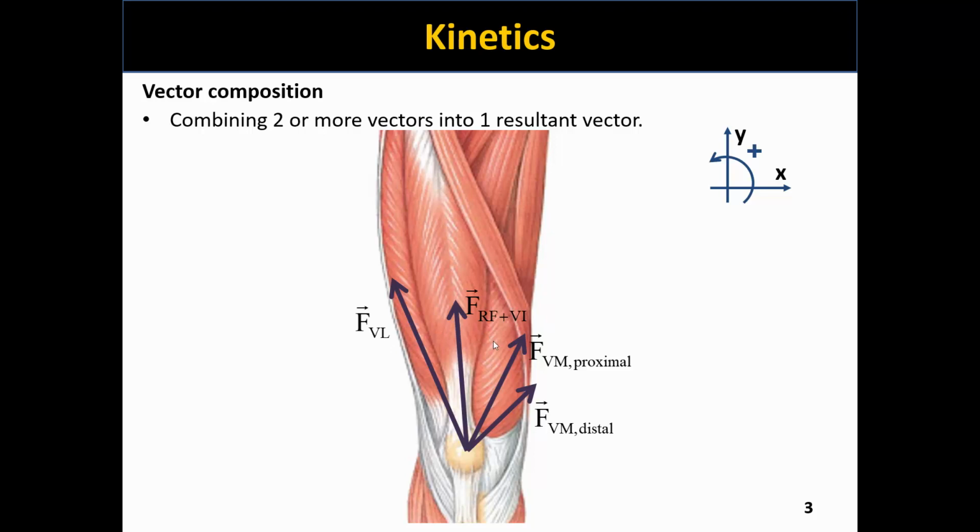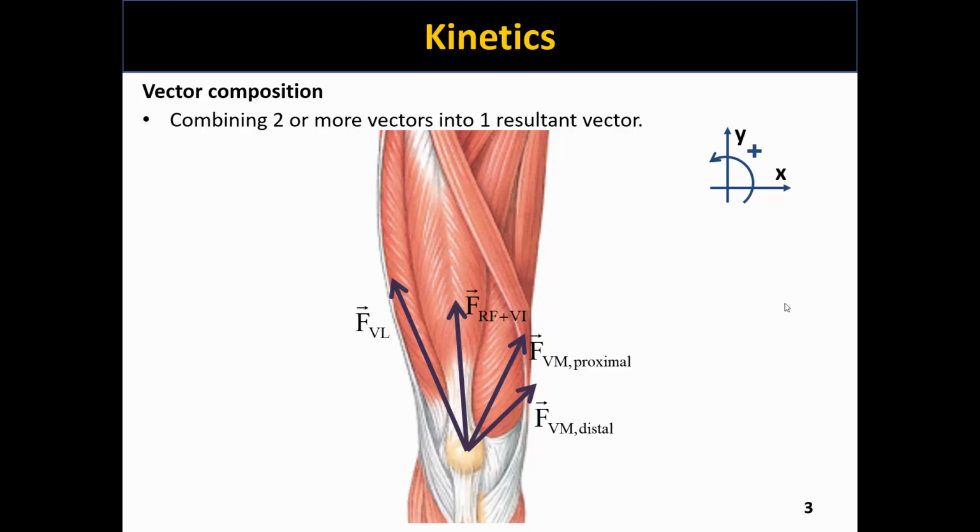And because these muscles are located in different positions but all converge through the patella, they will all have the same point of application, but the directions of these vectors, as well as the magnitudes, which reflect the strength of the muscle, will be different.